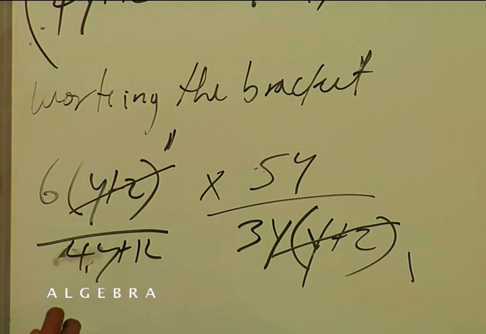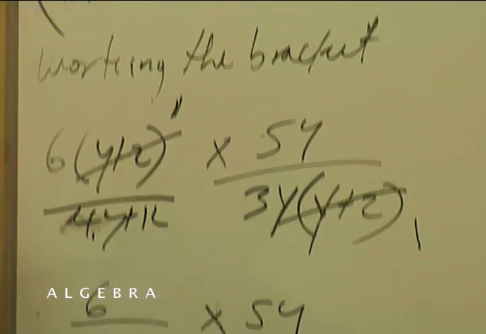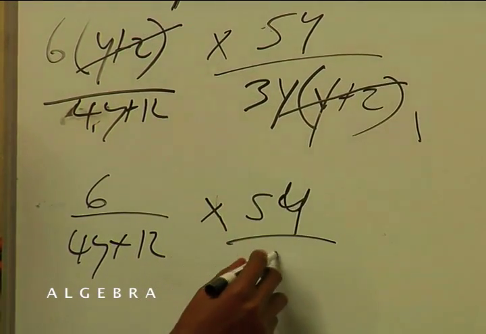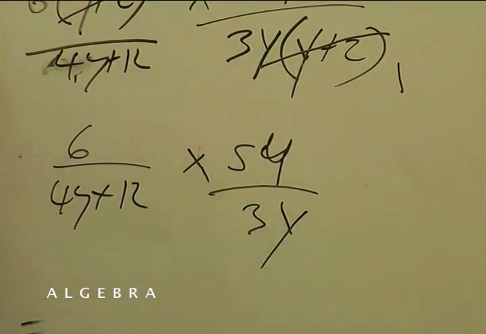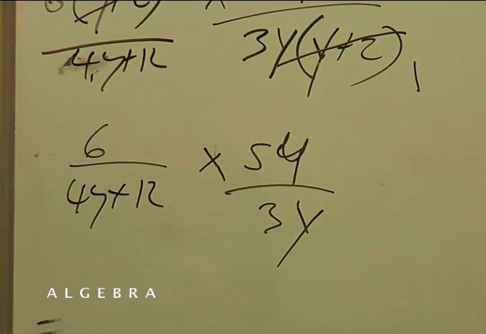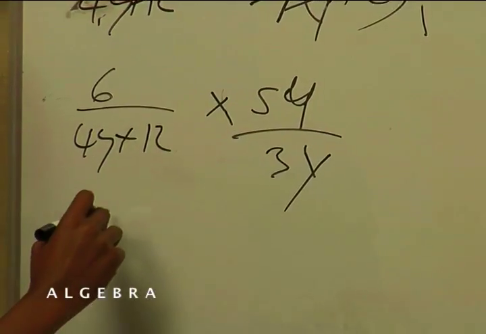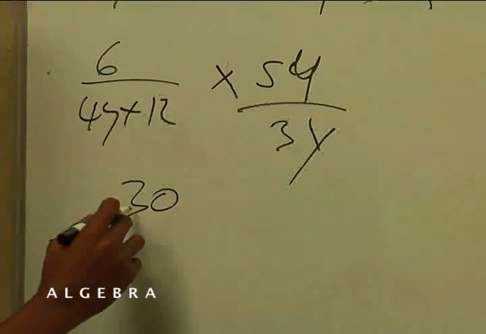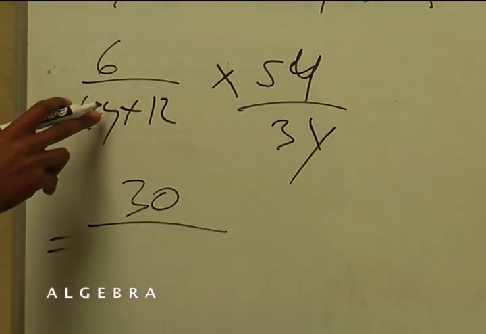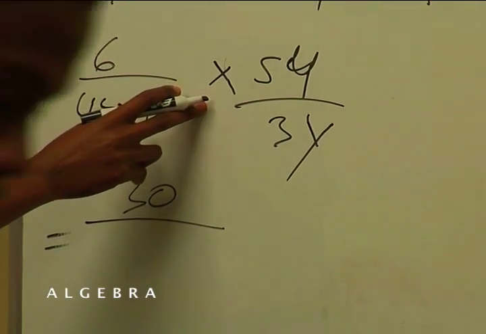So this is now 6 times 1, 6 over 4y plus 12 times 5y over 3y. See that? 6y is 6 times 5y over 3 times 4y plus 12.